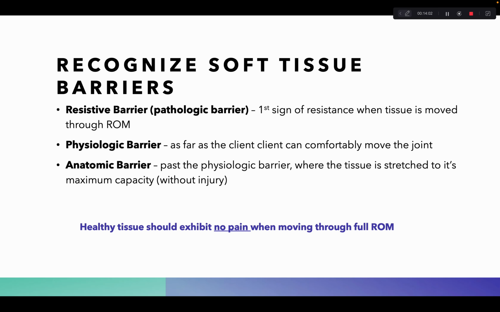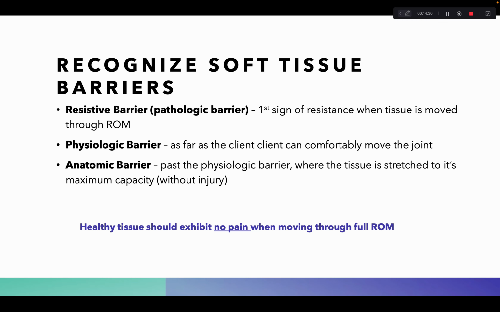Your physiologic barrier is as far as the client can comfortably move the joint. So maybe this is why I'm saying we have to communicate. There, you might have a different end feel than what they can handle. So this is where they can comfortably move the joint, either just because of issues of flexibility or recent injuries or surgeries.